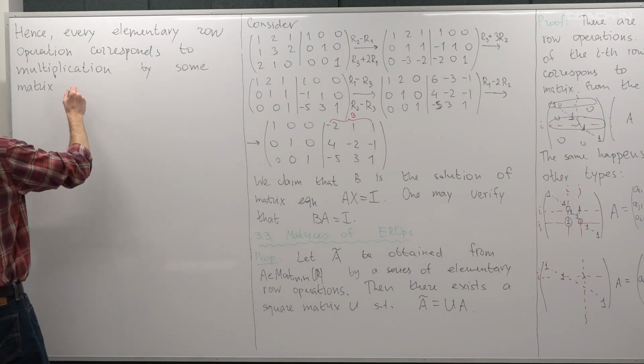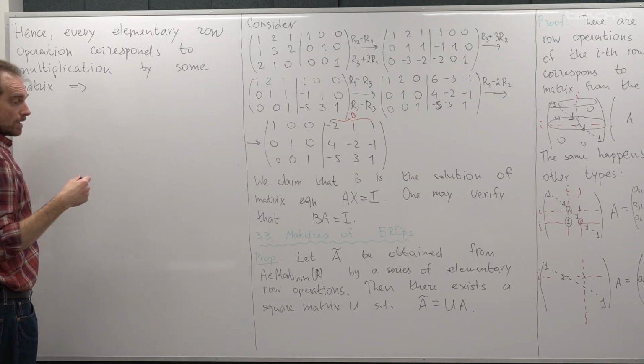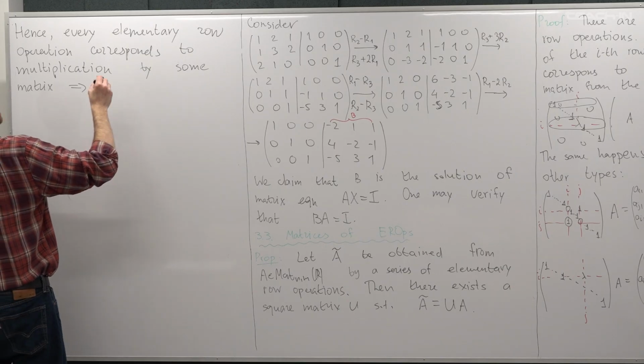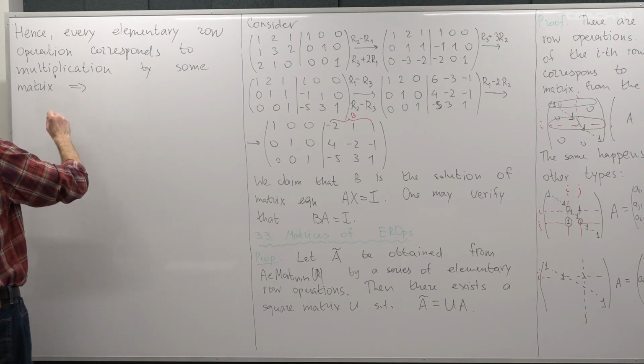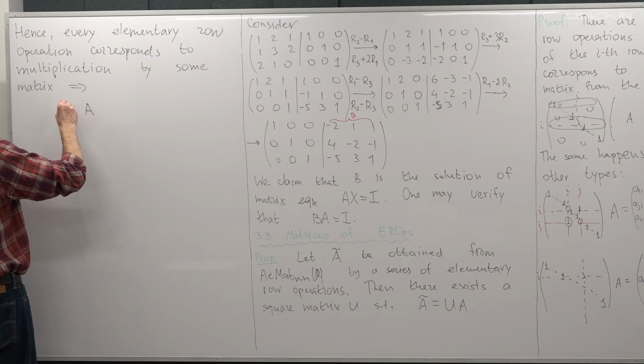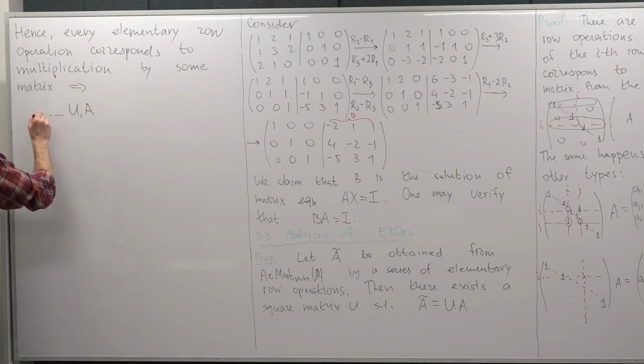Okay, so when we apply the series of elementary row operations, we get our reduced row echelon form. So what happens? First, we take our matrix, then we multiply it by some elementary matrix. And so when we apply the series of elementary row operations, we multiply by a product of elementary matrices.